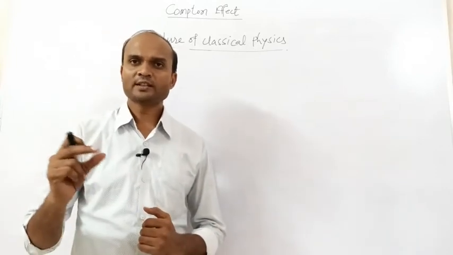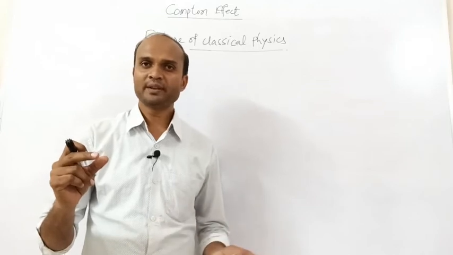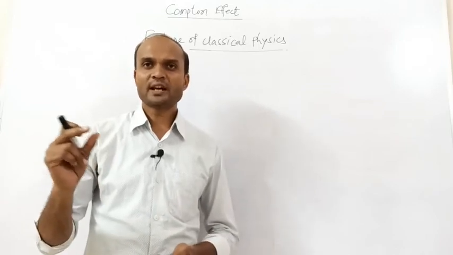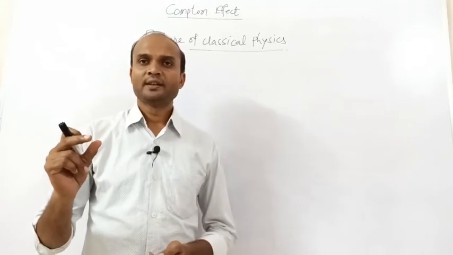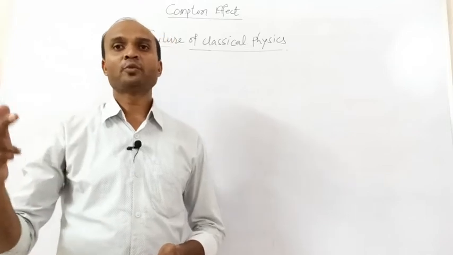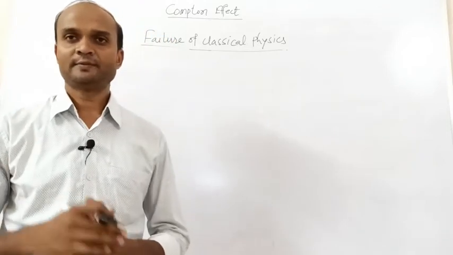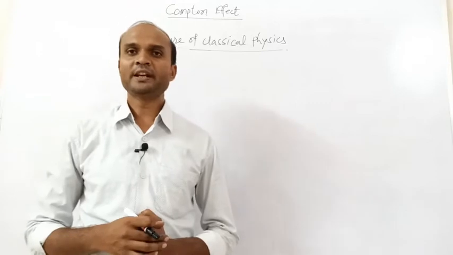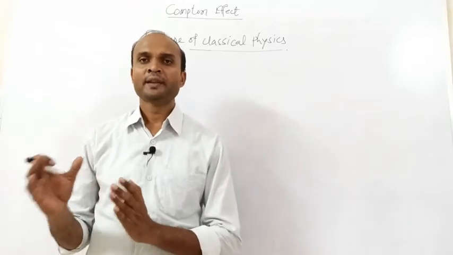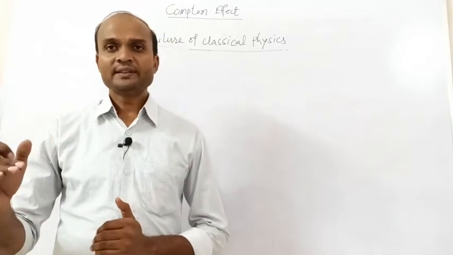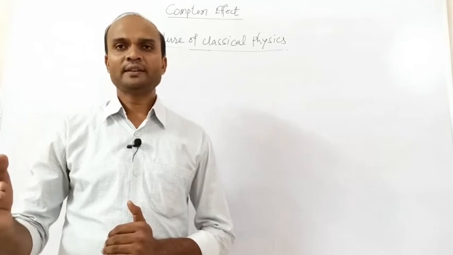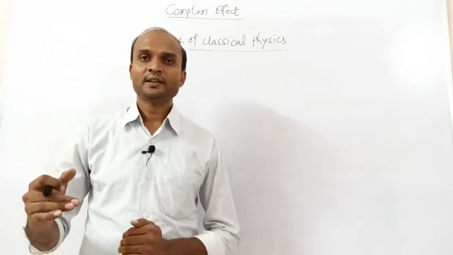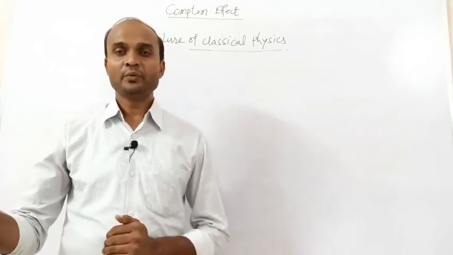So the electron starts to oscillate with the same frequency, and when the electron oscillates, it emits electromagnetic radiation.